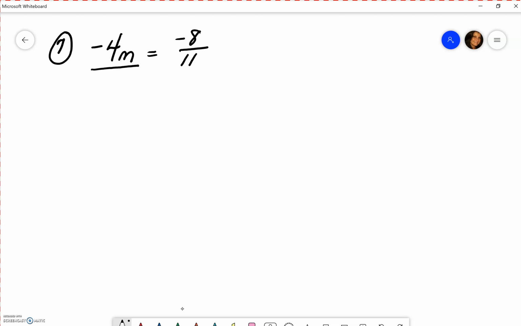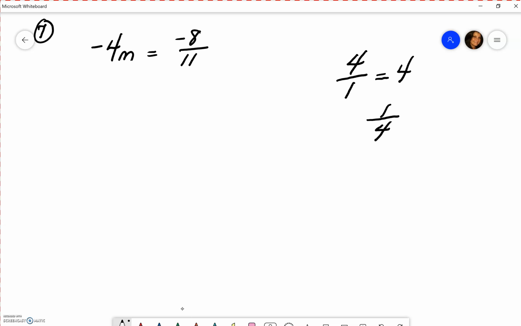Again, if we divide out by 4, now I guess the easiest way to think of that, since we have a fraction on the other side, you could also multiply it by its reciprocal. And remember, 4/1 is how we express a whole number as a fraction, so the reciprocal would be 1/4.